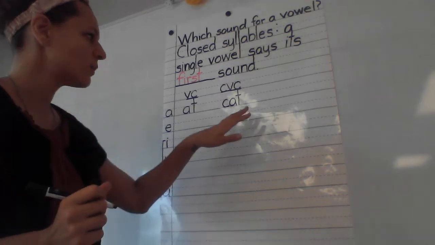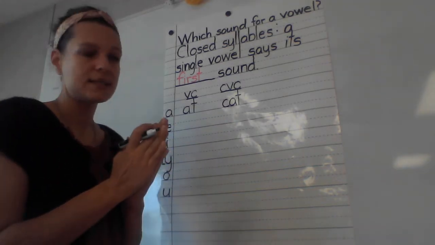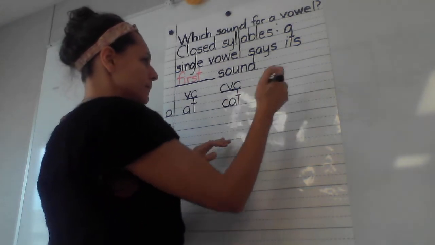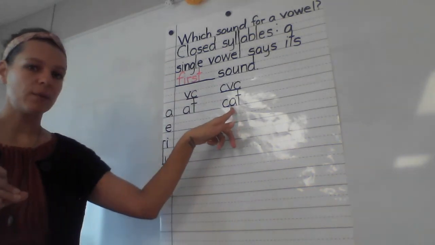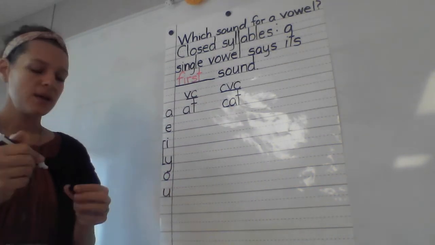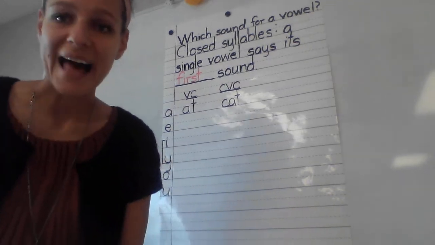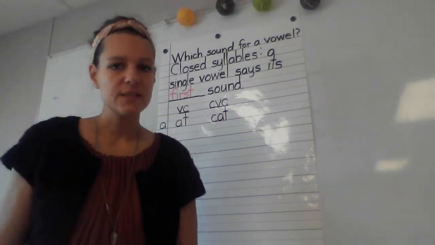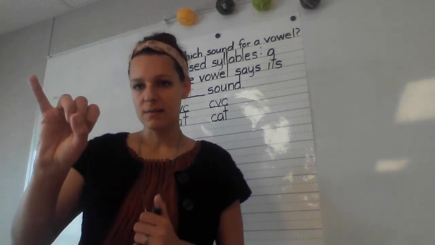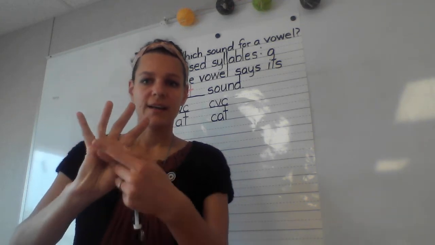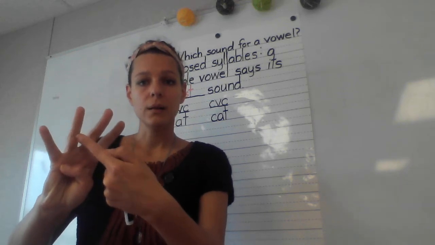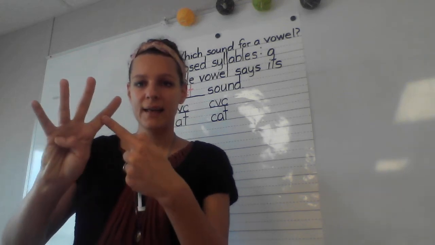All right, and let's do a word too where we have two consonants together, where that is still a closed syllable. So let's write the word flat. Class, what sounds do we hear in the word flat? Good, it's f, l, a, t.